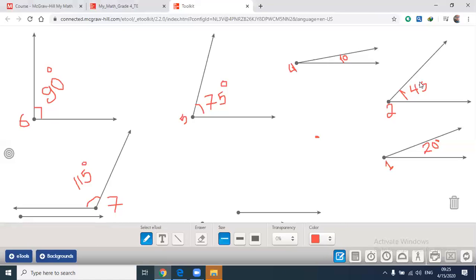Teacher, can you repeat number 2? Number 2. Okay. I have here with measure about 45. No, I mean the guided practice.